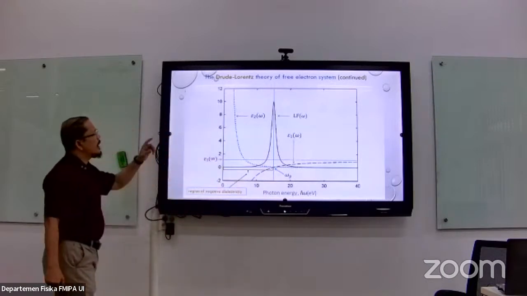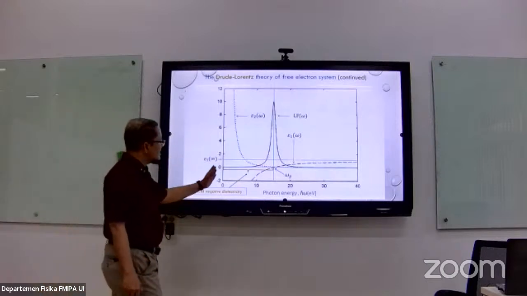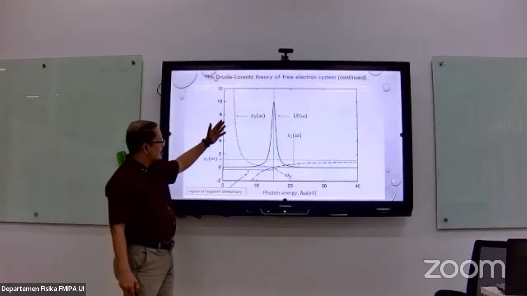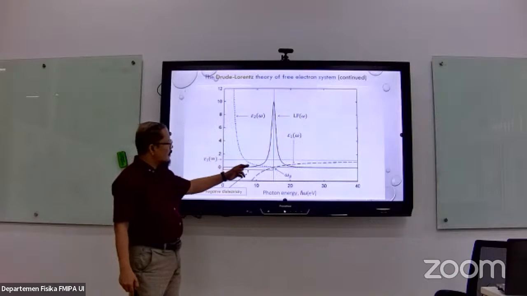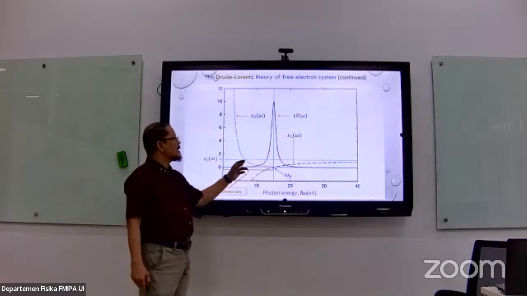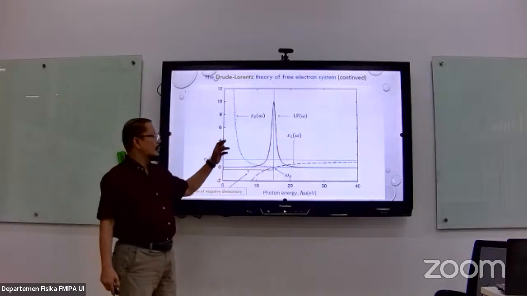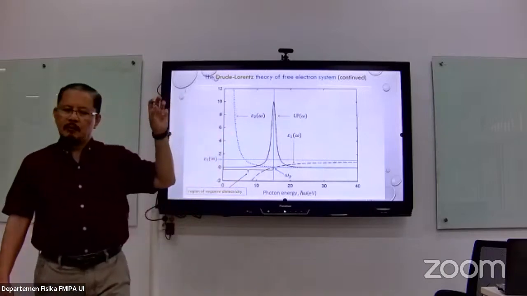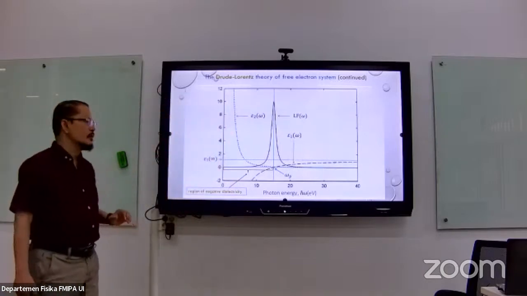In this region, epsilon 2 may have some finite value, or it may be very close to 0.